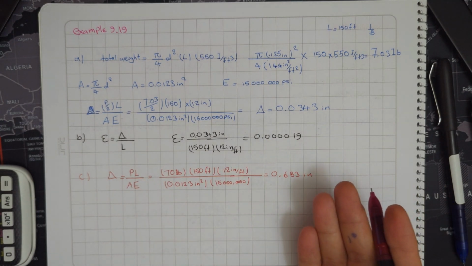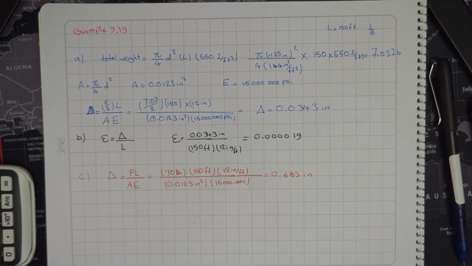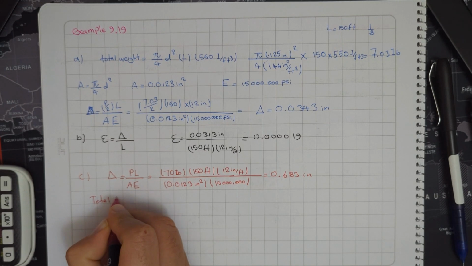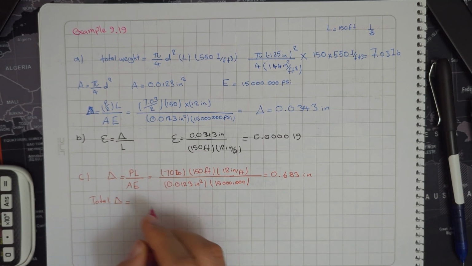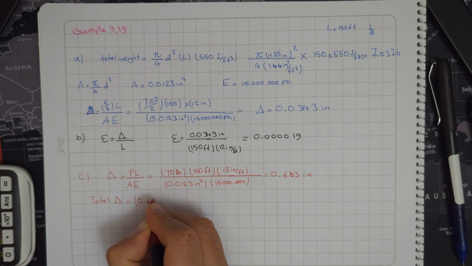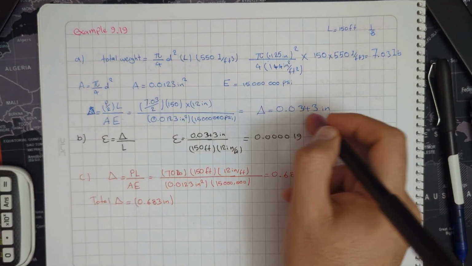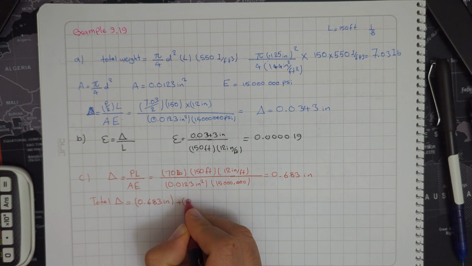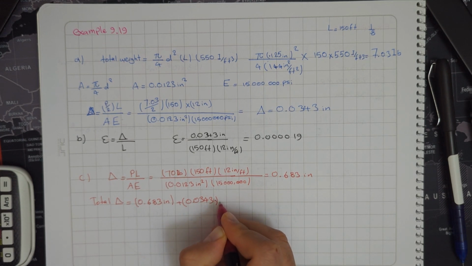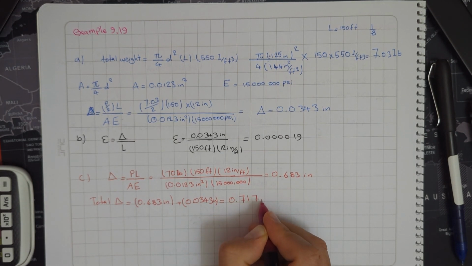Because 70 pounds was added to the actual weight, we're going to have a total delta, which was 0.683 inches plus the own weight, 0.0343 inches. The answer is 0.717 inches.